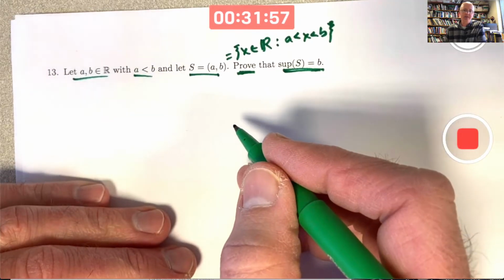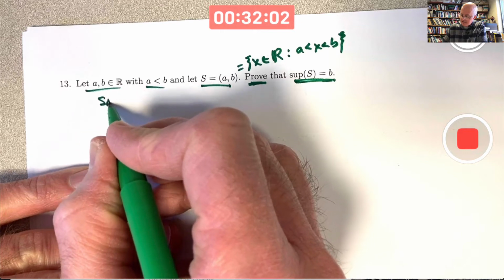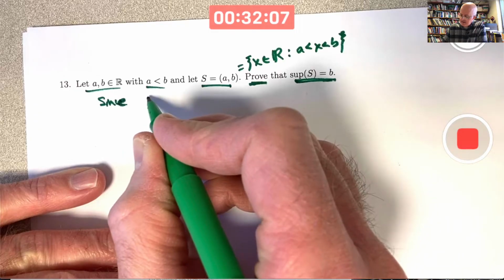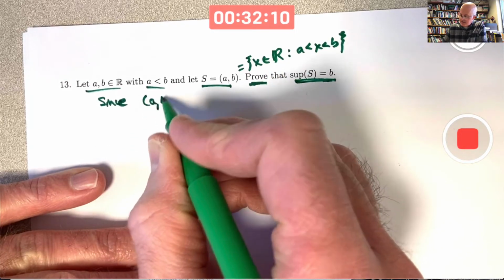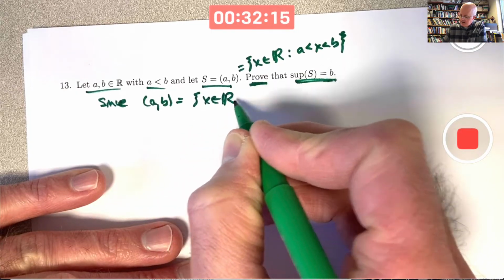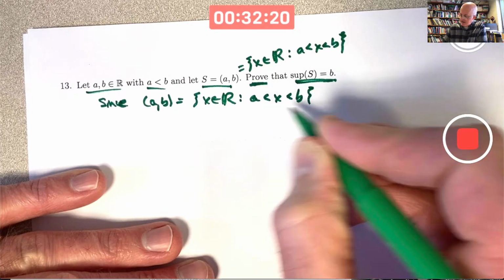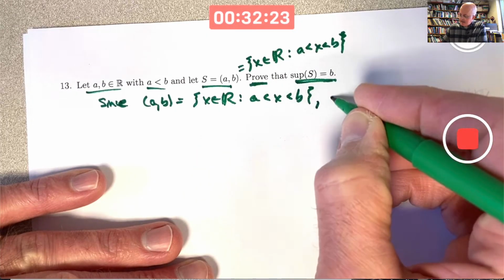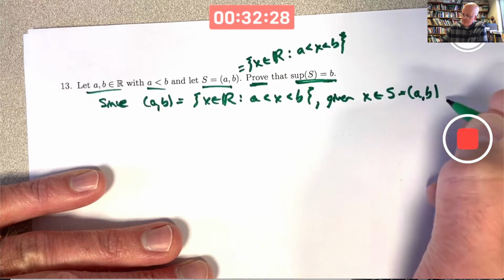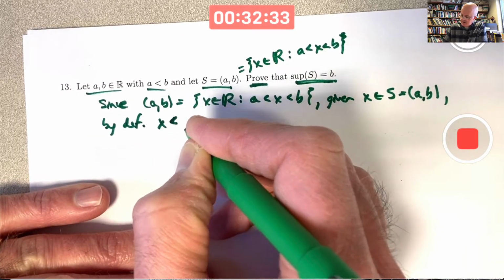Well, showing it's an upper bound is essentially trivial by definition. Since, by definition of this open interval from a to b, it's the set of all numbers strictly between a and b, that means given x in S, by definition, x is less than beta, or b.